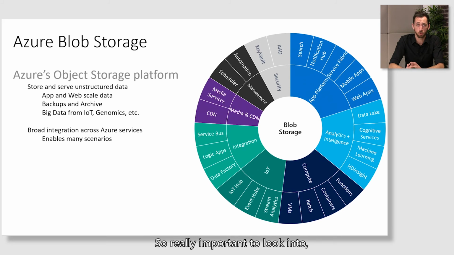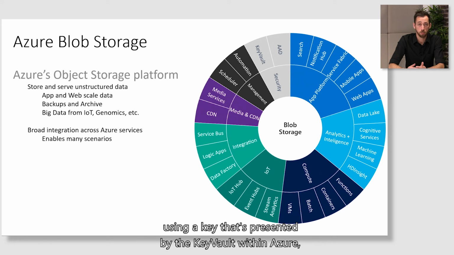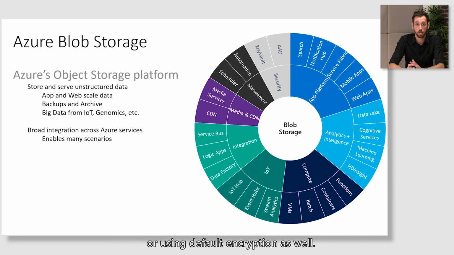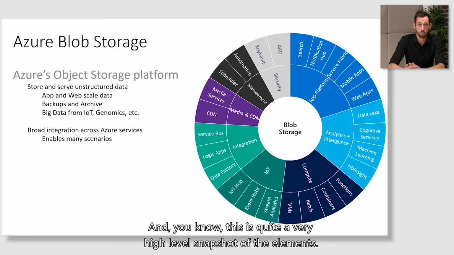It's really important to know where your data is and that it's secure, and there are different options: bringing your own key to encrypt it, using a key presented by the Key Vault within Azure, or using default encryption as well. So lots of options to make sure your data is protected once in Azure, which is fantastic. And this is a very high level snapshot of the elements.